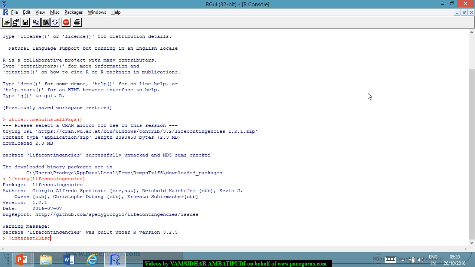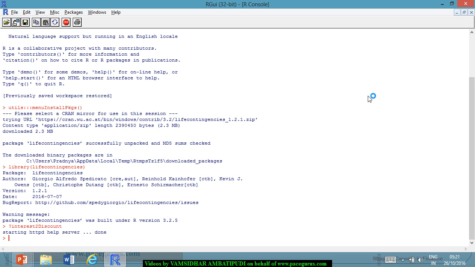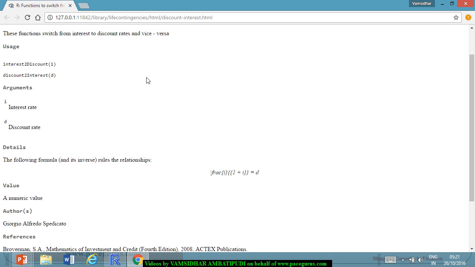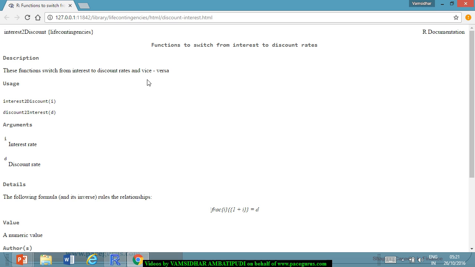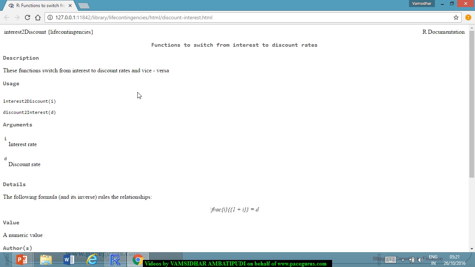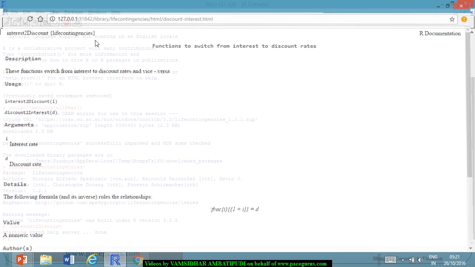Interest to discount: this function switches from interest to discount rate and vice versa. It's just a very simple job. But initially, for us to understand what is typically going on, we are looking at the usage. Similarly, discount to interest, I get the discount rate, I get the interest rate.